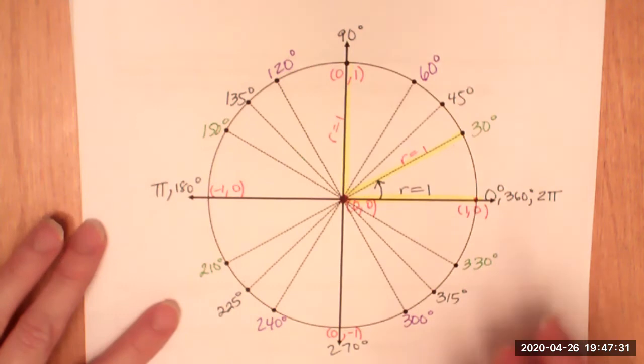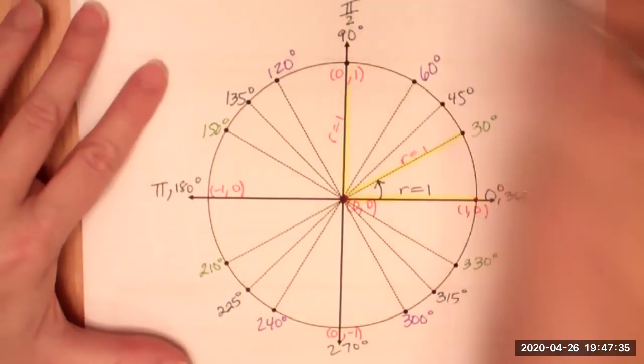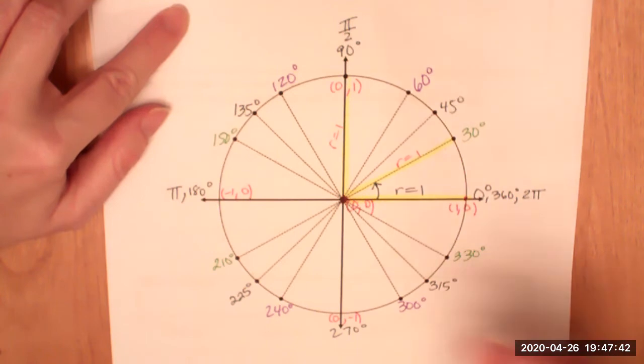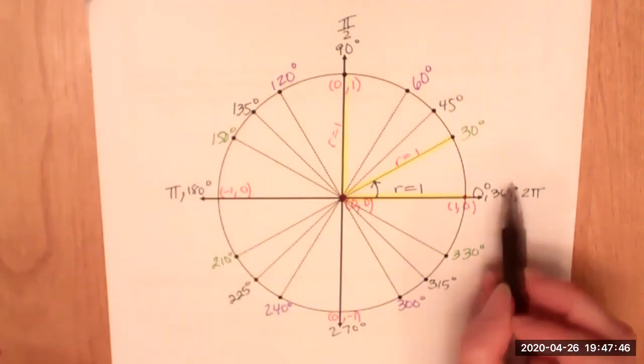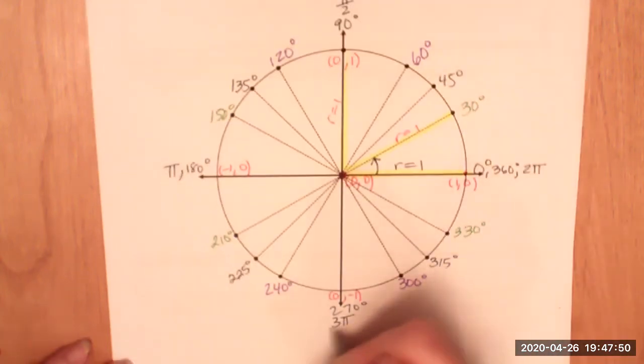We already know half of pi is pi over 2. Let's move this up a little so we can see. And we already know that halfway between pi and 2 pi is 1.5 pi, or 3 pi over 2.